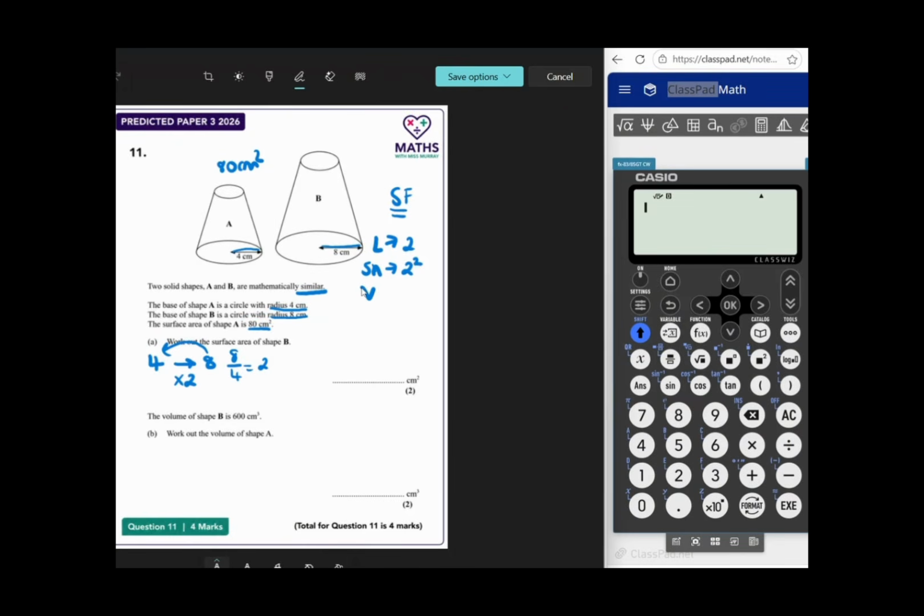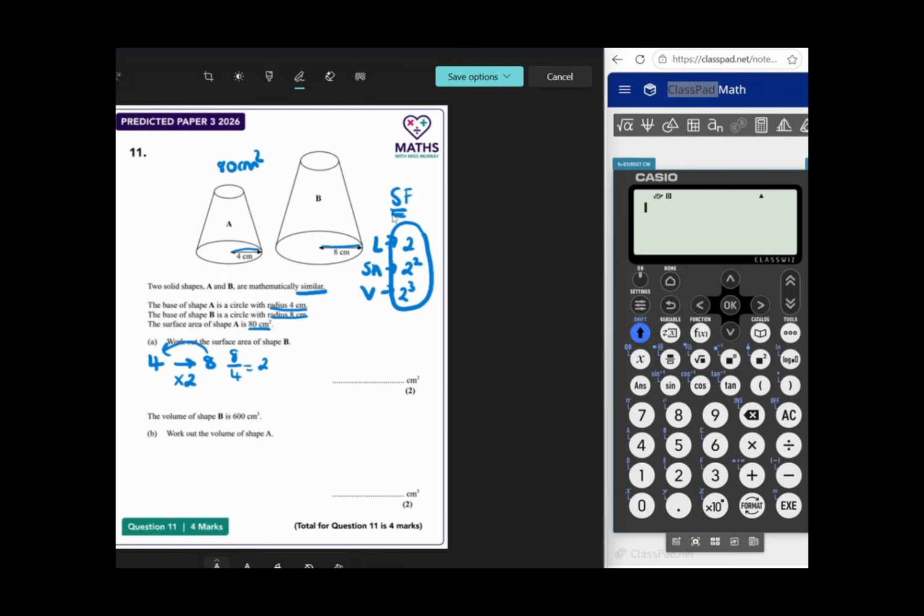And when you go to volume, because volume is centimetres cubed, the scale factor is cubed, because it's 3-dimensional. So the scale factor doesn't stay the same when you're looking at different units. That's what you need to remember for any similar shapes question. Find the scale factor, square it for area or surface area, cube the scale factor for volume.